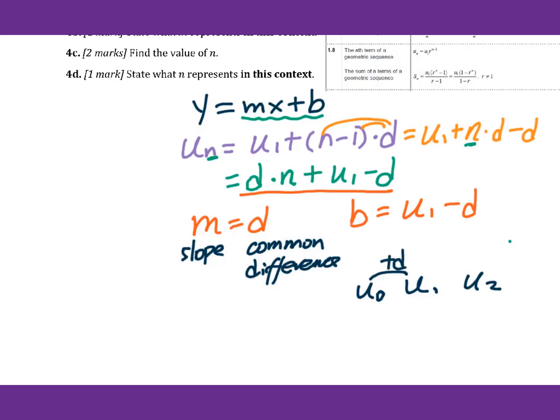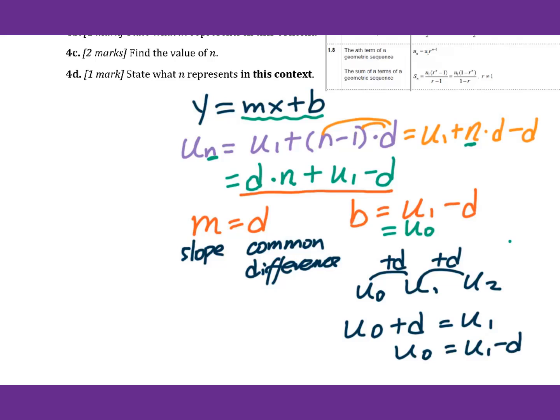So we keep adding d to get the next term. u sub 0 plus d equals u sub 1. So that u sub 0 equals u sub 1 minus d. In other words, this b equals u sub 0, the 0 term in the arithmetic sequence. For the linear function, this b we call the y-intercept or initial value.